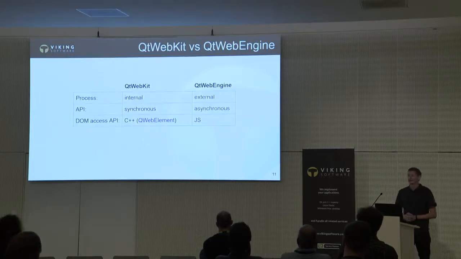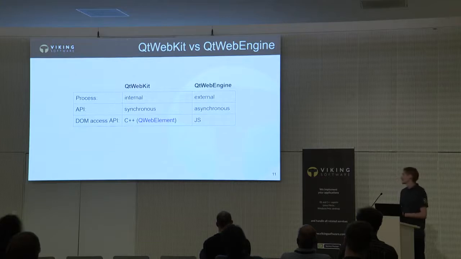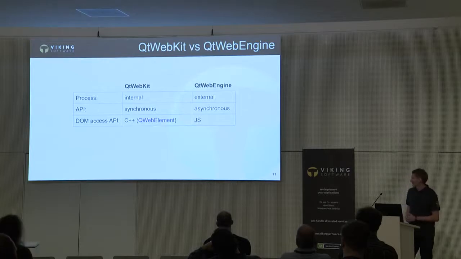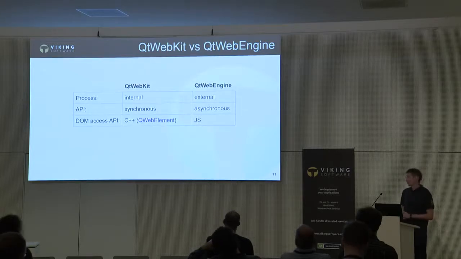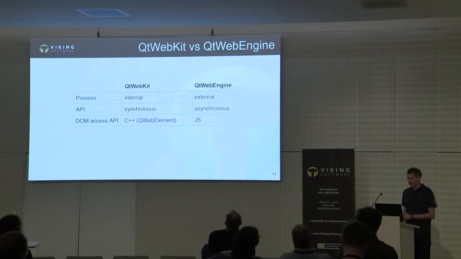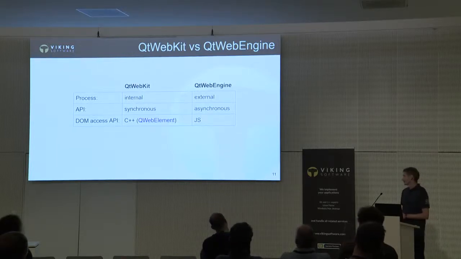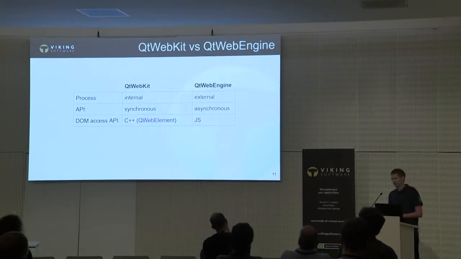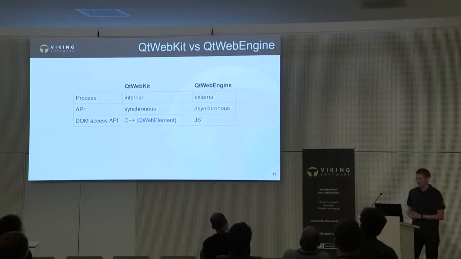The next difference is about the way we can access the document object model of downloaded documents. Obviously, because WebKit is single process and synchronous, it does provide special classes, which are like a regular tree node.